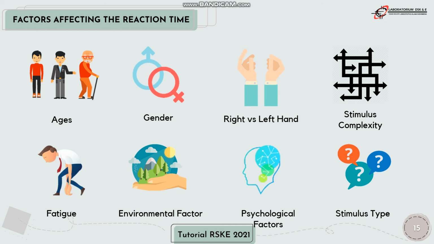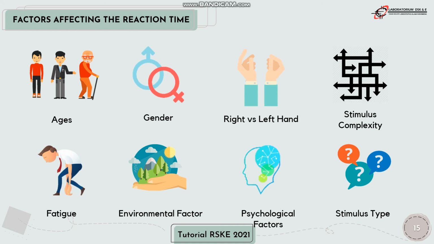Sixth, environmental factor. If you still remember the previous physiology work measurement tutorial, especially in the physical work environment module, we know that lighting, temperature, and humidity regulation can affect a person's performance.